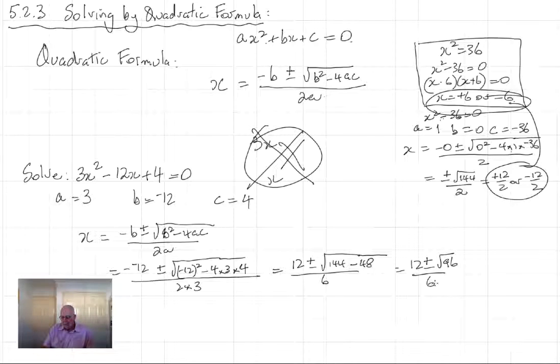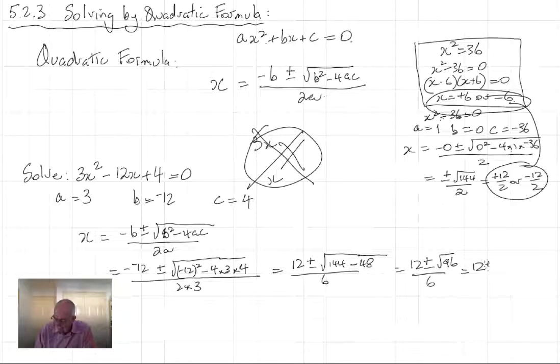If you're asked to give the exact answer, we should simplify the square root of 96. What will go into 96? 16 will go into 96. So we can actually do some simplification of surds here.